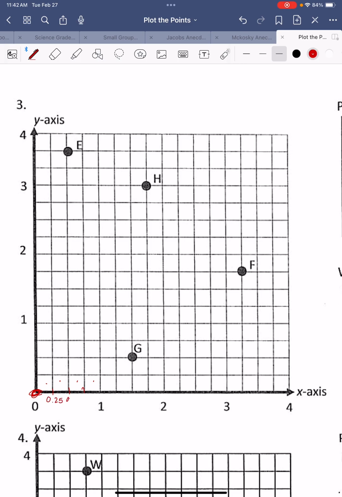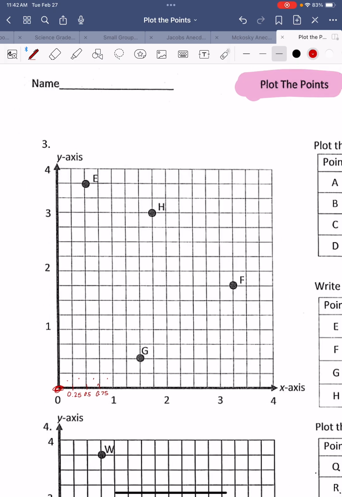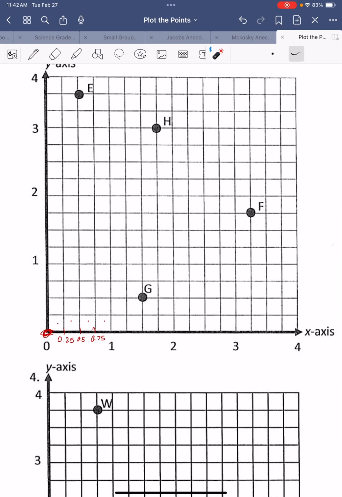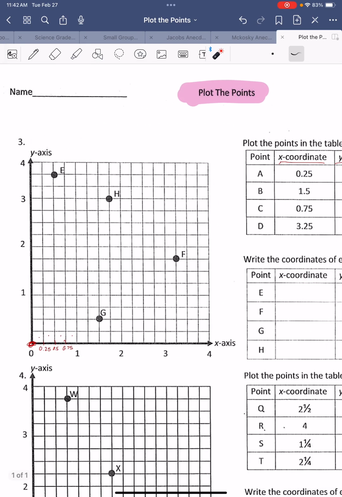That's 25 hundredths, this is 50 hundredths, and this is 75 hundredths. And I think that works for everything. So now I can finally start plotting now that I know what the lines are worth, okay? So my X coordinate is 25 hundredths, so I'm going to start at the origin right here. I'm going to move over 25 hundredths along the x-axis.